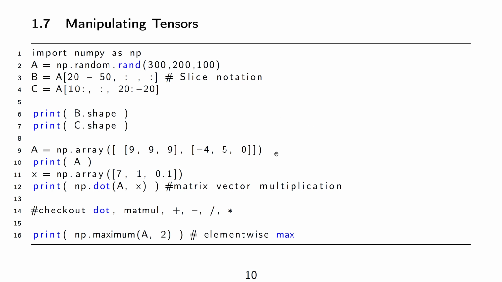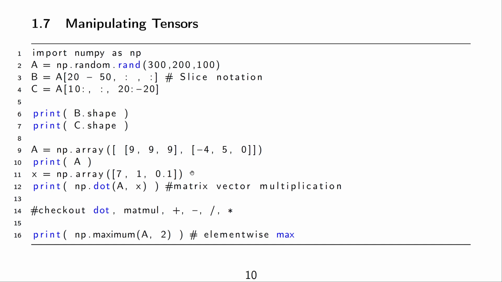Okay, so this is another example. We'll define here a rank 2 tensor. This is a matrix. Then we'll print out the matrix. Then we'll create a vector, and we would like to implement the standard matrix vector multiplication.